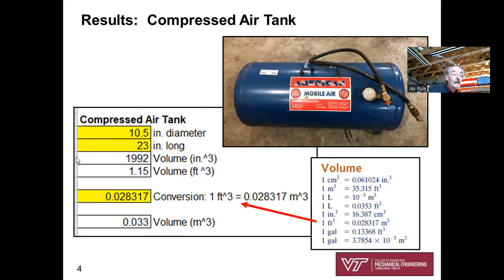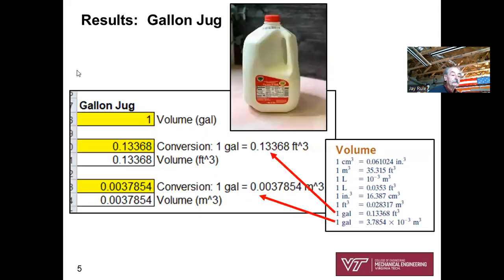All right, let's do the same thing for that gallon jug. I wrote down the volume is exactly 1 gallon. So now I'm going to go to my conversion factor table again and write down that 0.13368 cubic feet is equivalent to 1 gallon. So I'm going to do the math.